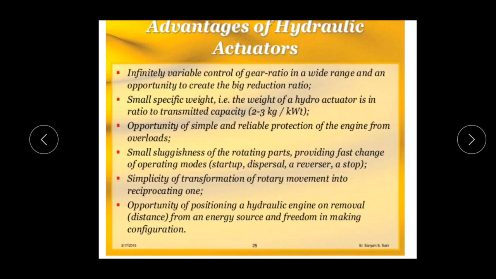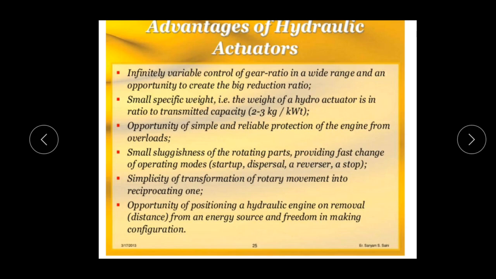Now let us discuss the advantages of hydraulic actuators. Infinitely variable control of gear ratio in a wide range and an opportunity to create a big reduction ratio. The small specific weight, that is the weight of a hydraulic actuator in ratio to transmitted capacity, is about 2 to 3 kg per kilowatt.